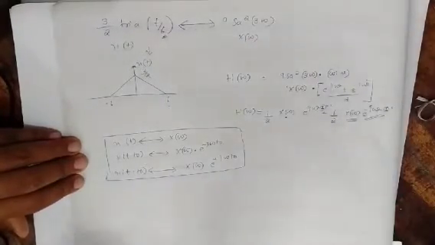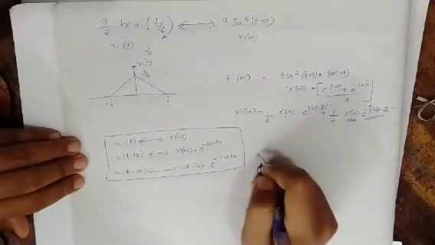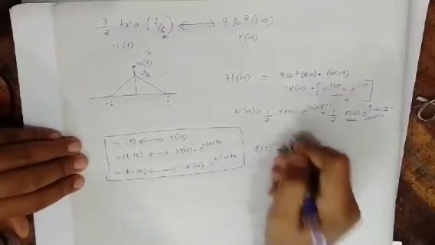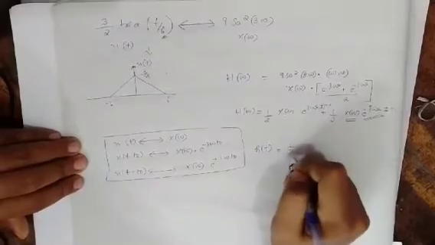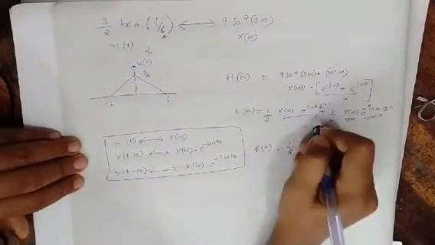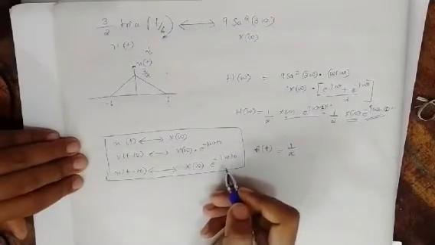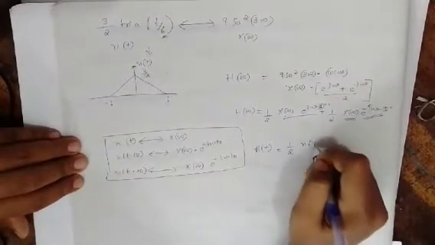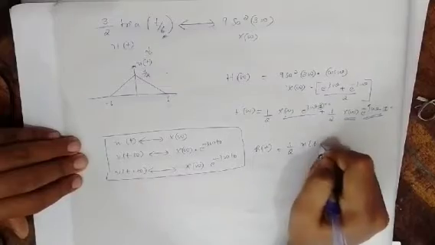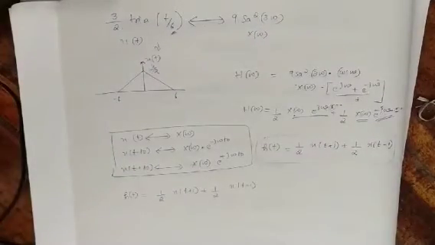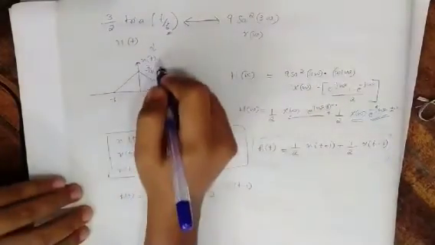So if I am writing the inverse, I'll get h of t equal to half. I will write it as it is. So half into x of omega into e raised to j omega will have an inverse of x of t plus 1, minus the other term. Now this x of t, we have already found.